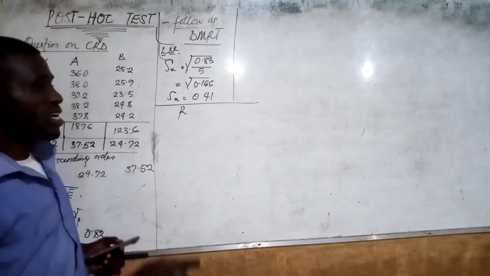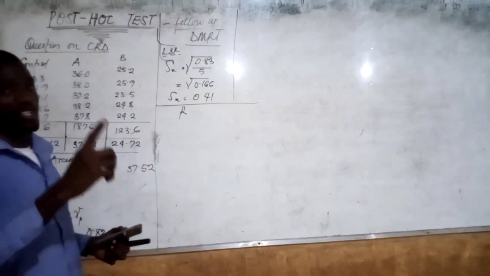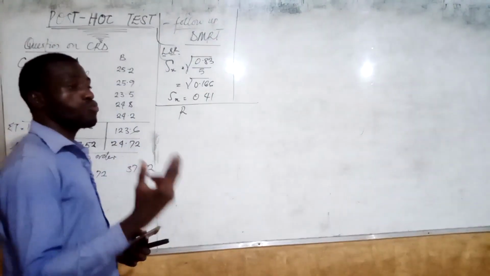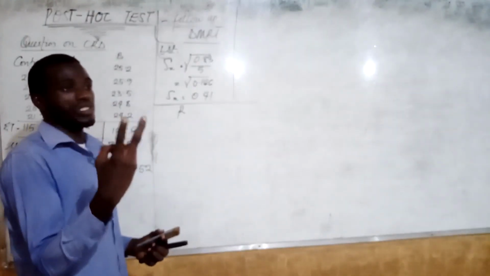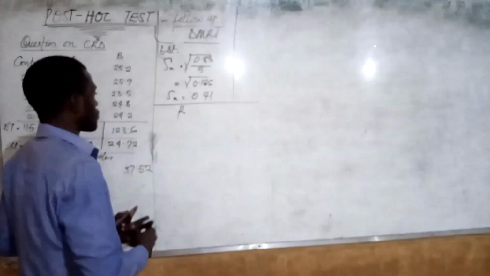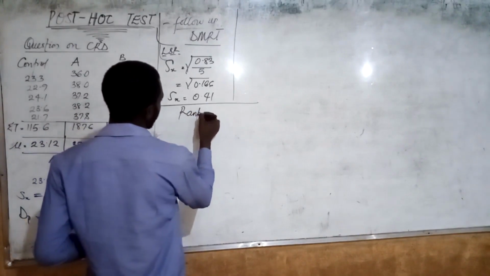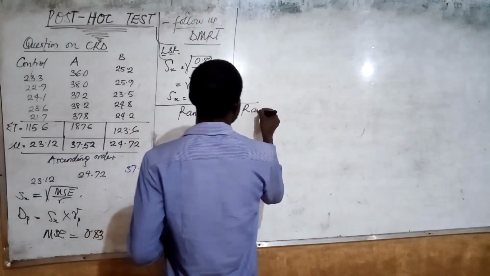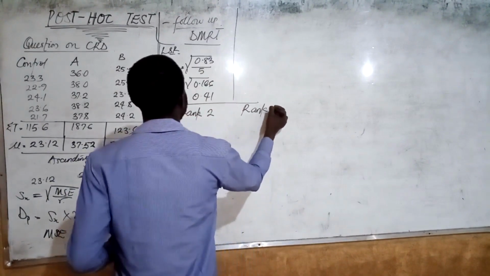The first rank is not rank 1 because we'll be comparing 2 means. So the ranking has to start from 2. So we have rank 2 here. The next one is going to be rank 3.